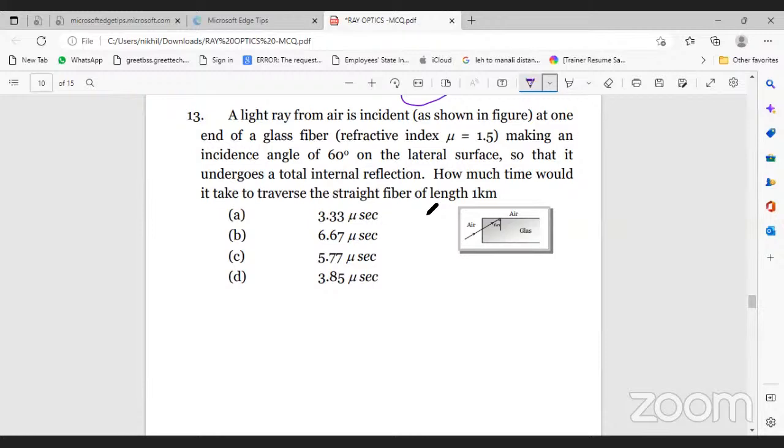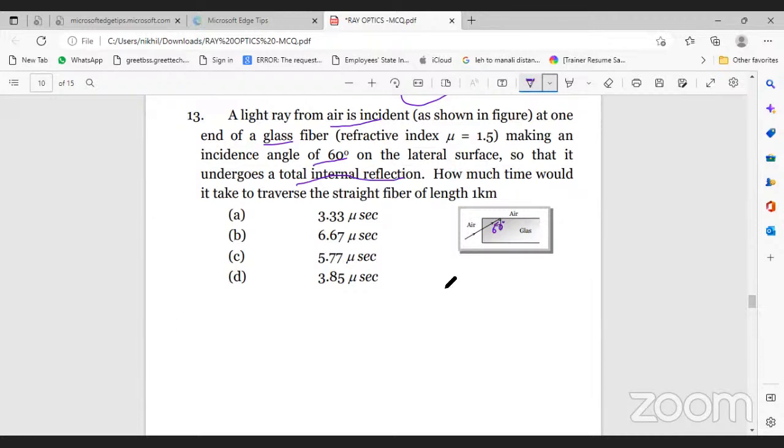They have given light incident from which medium to which medium? Air to glass. As shown in the figure, this angle is 60 degrees. It is incident at 60 degrees on the lateral surface so that it undergoes TIR, total internal reflection.